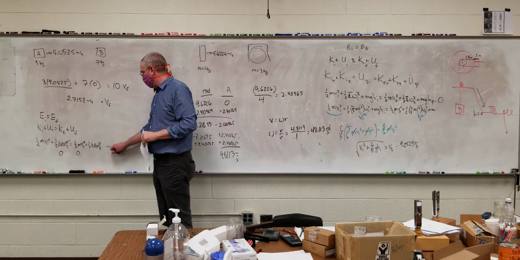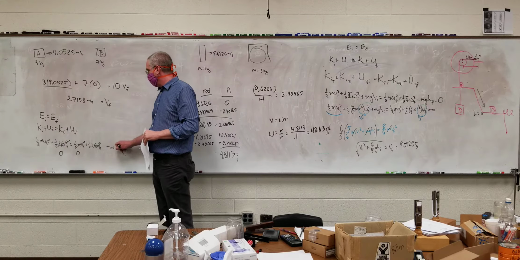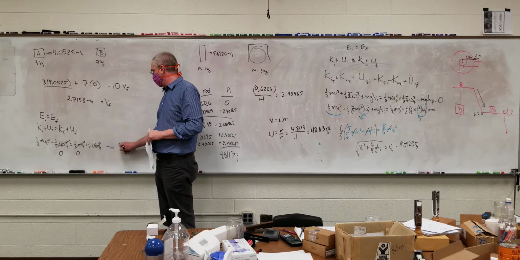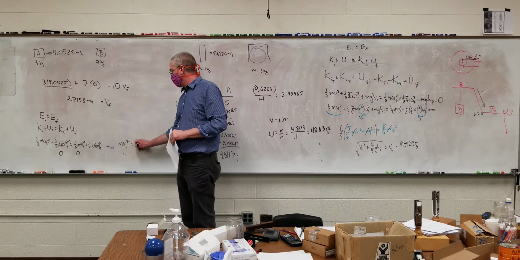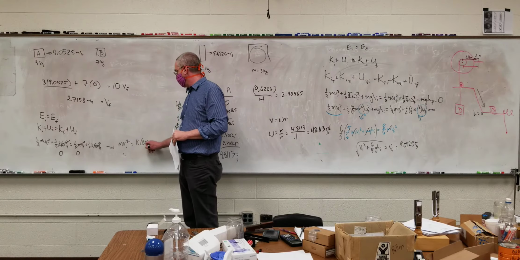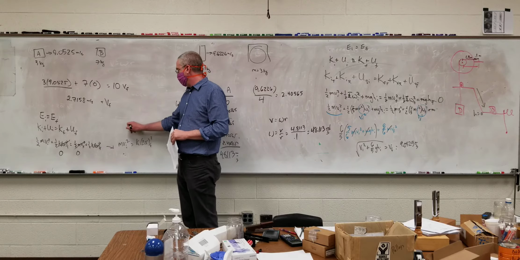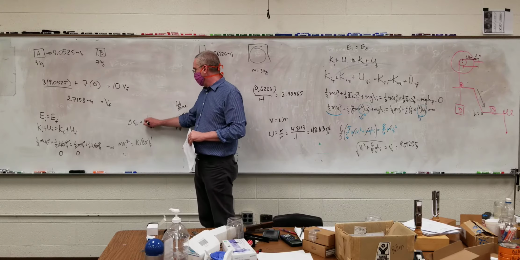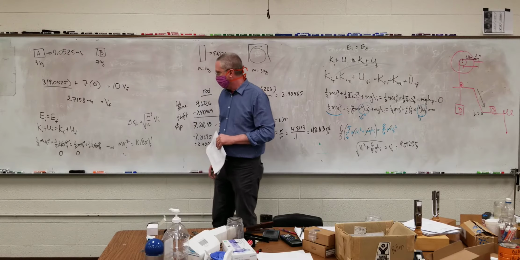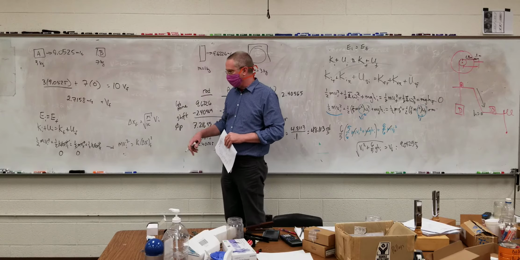And so what I'm left with is, well, the halves can go away. So I have m v initial squared is equal to K delta x final squared, or delta x final is equal to the square root of m over K times v initial. Divide by K, get the square root.